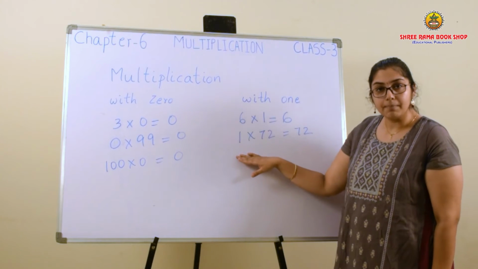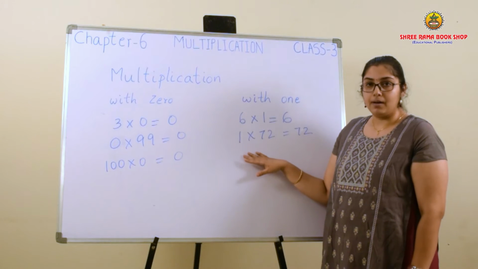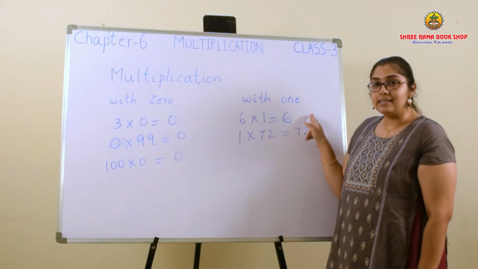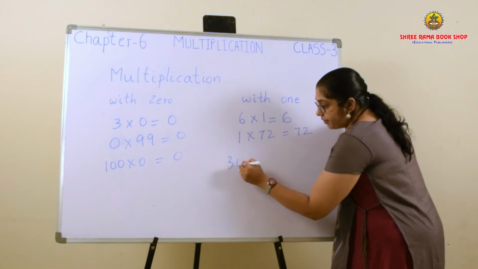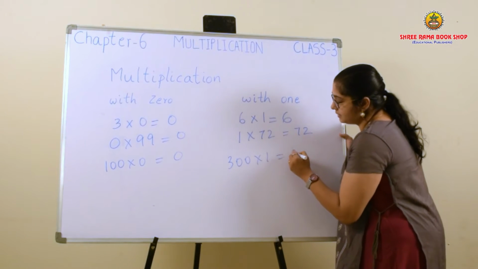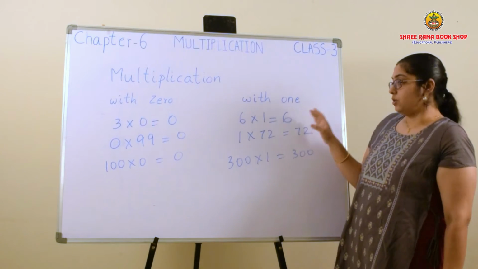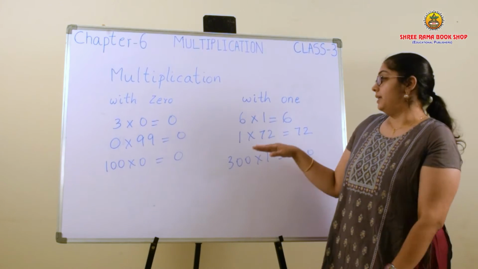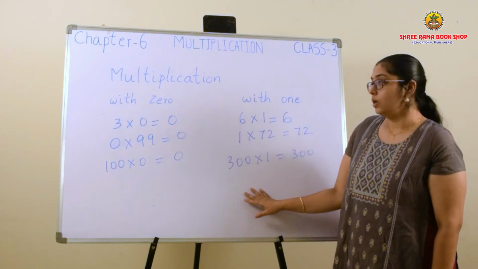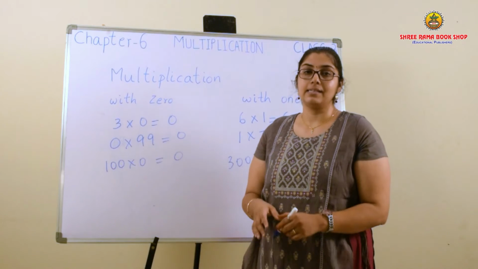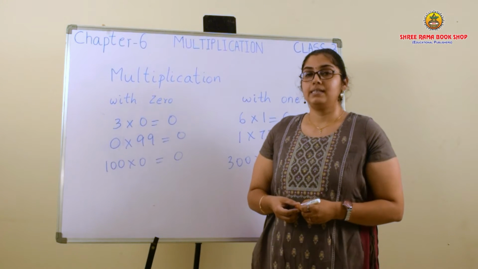Whatever the order may be, if I multiply a number with 1, the answer is the number itself. If I multiply 300 into 1, the answer is 300, right? Whatever number we multiply, the number itself is the answer. Thank you. You have an exercise regarding this, 6.3 in your textbooks. Please do it.